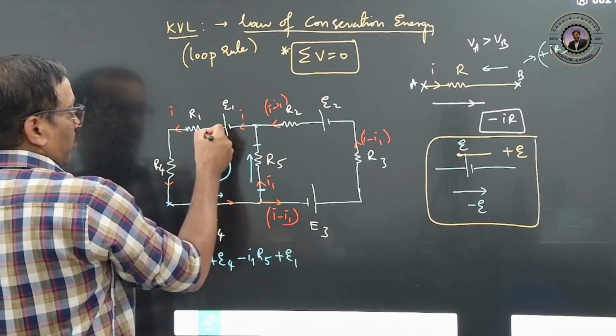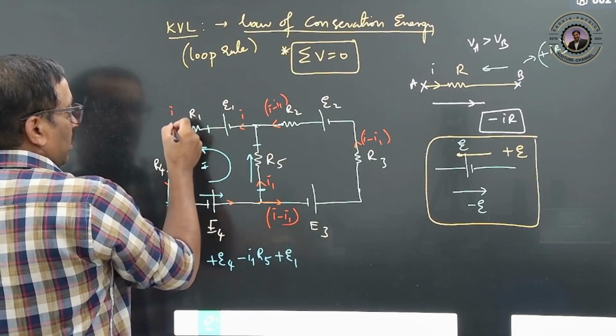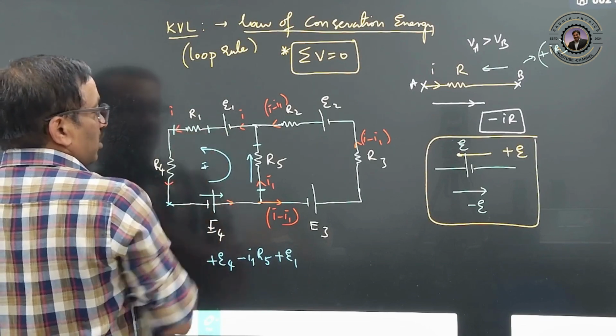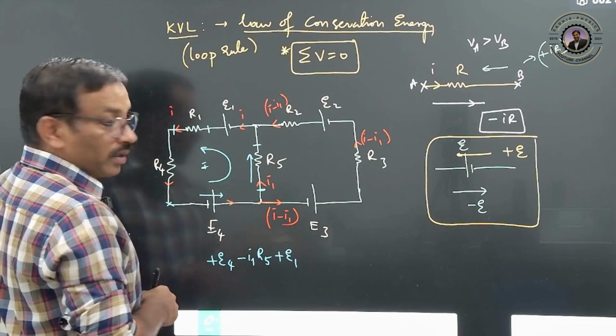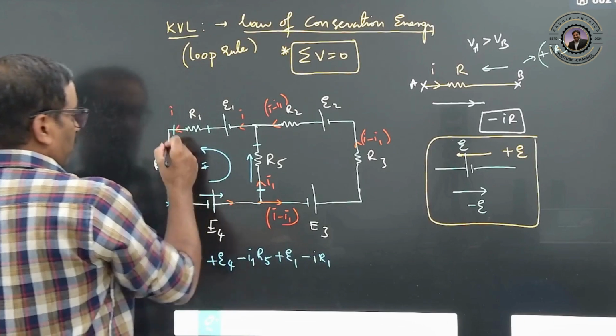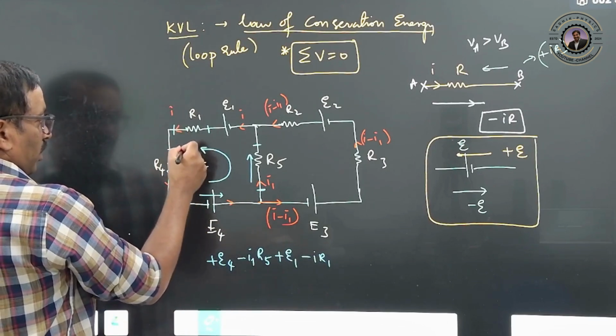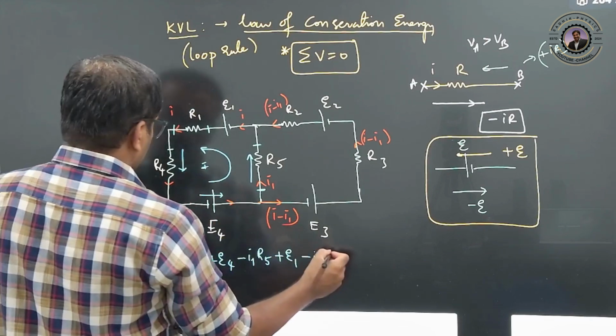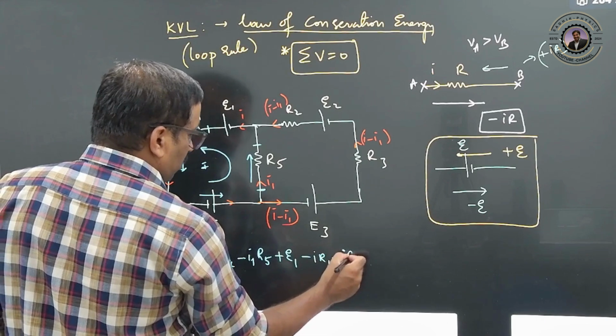Now I am going from higher potential to lower potential, which means decrease. Clear? So minus I into R1. Also here I am going from higher potential to lower potential, so minus I into R4.